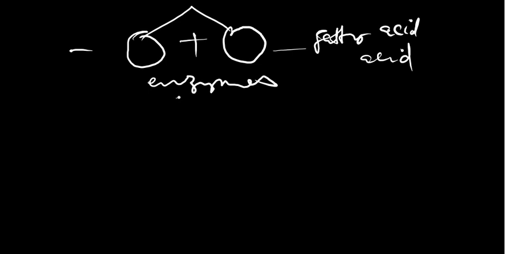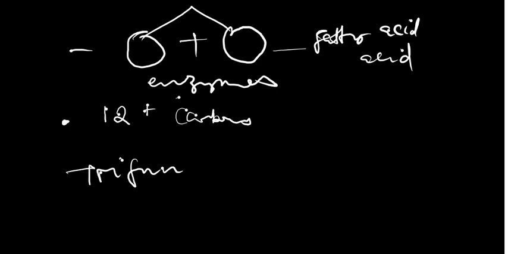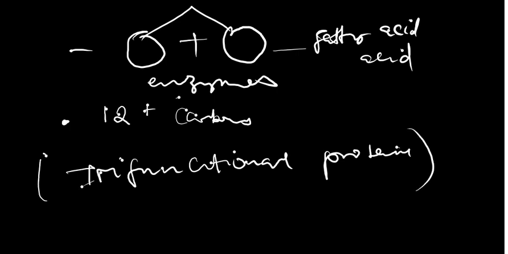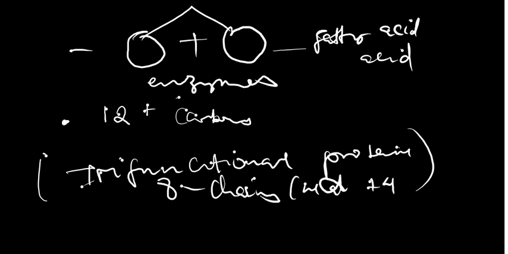So if the fatty acid has 12 or more carbons, it's worked on by a multi-enzyme that we call the trifunctional protein. This trifunctional protein is made up of 8 chains, which include 4 alpha as well as 4 beta chains.